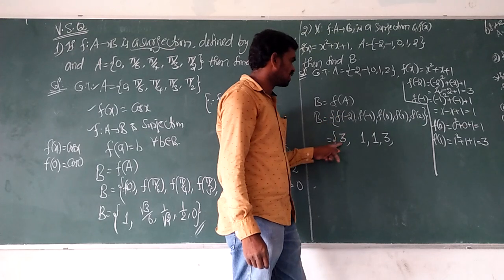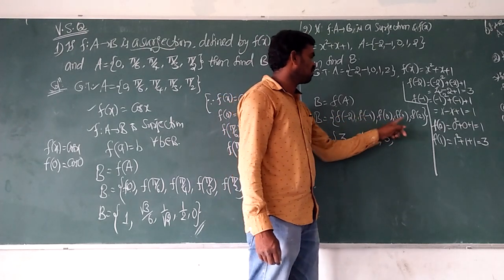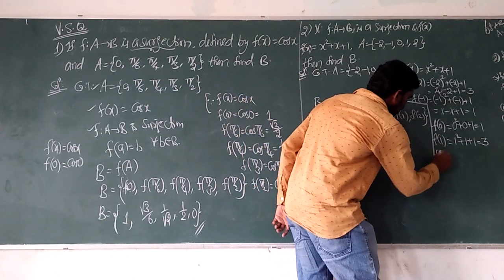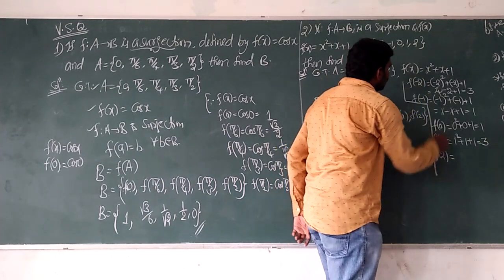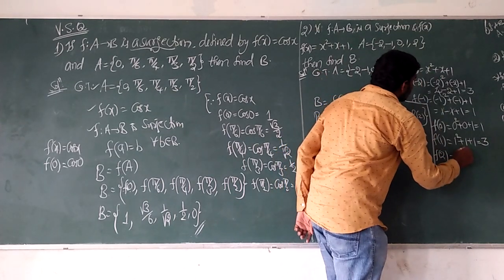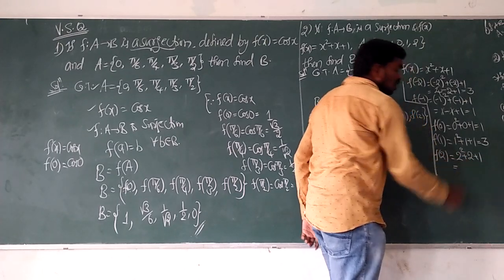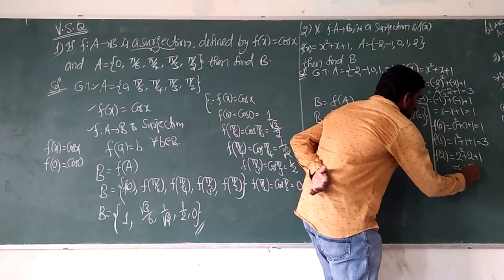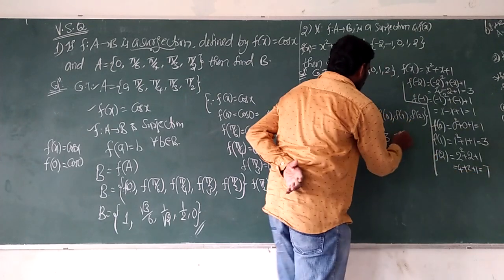F of minus 2 value 3, f of minus 1 value 1, f of 0 value 1, f of 1 value 3. And last, f of 2. In place of x, substitute 2. So 2 square plus 2 plus 1. 2 into 2 is 4, plus 2 plus 1. 4 plus 2 is 6, plus 1 is 7. So total 7.